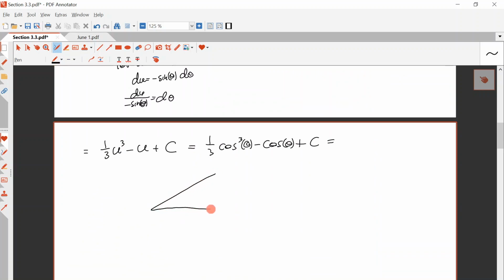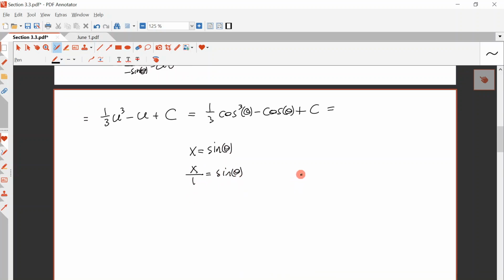Go back to your original substitution. The original substitution was x equals sine theta. Write sine theta as a ratio: x over 1 is sine theta. Now get out a right triangle and put a theta in the corner.